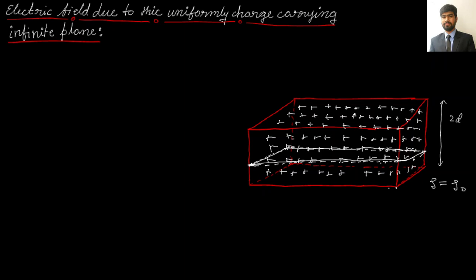So we have to calculate the electric field inside as well as outside. Let's first calculate the electric field inside this thick plane. So first write here: for an inside point.